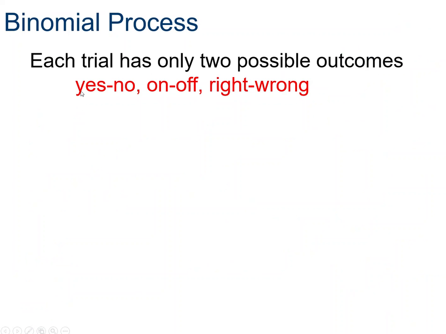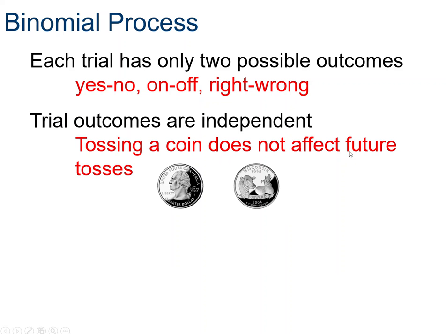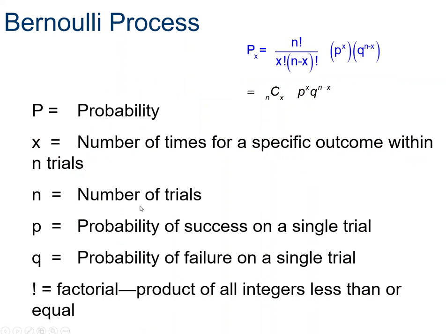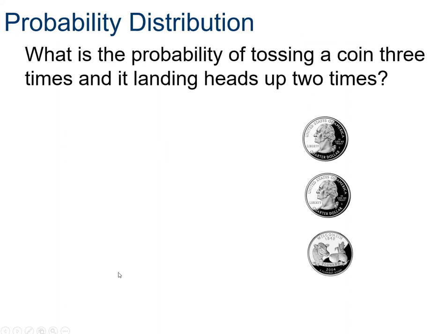Each trial has only 2 possible outcomes, yes or no, on or off, right or wrong. Tossing a coin does not affect future tosses. So if I toss the coin the first time and it lands on heads, that has 0 impact on the second flip, and the third, and so on and so forth. So Bernoulli process: probability, number of times for a specific outcome within the trials, number of trials, probability of success, probability of failure, and then factorials.